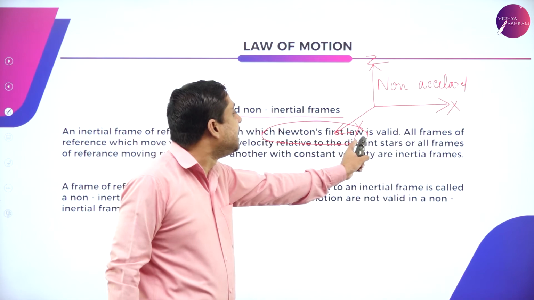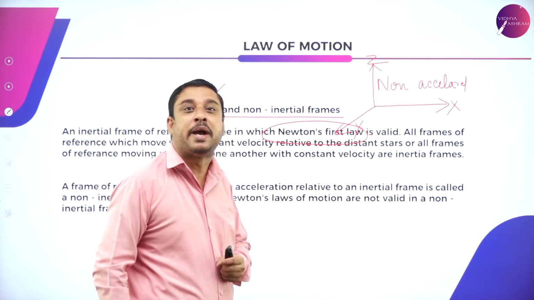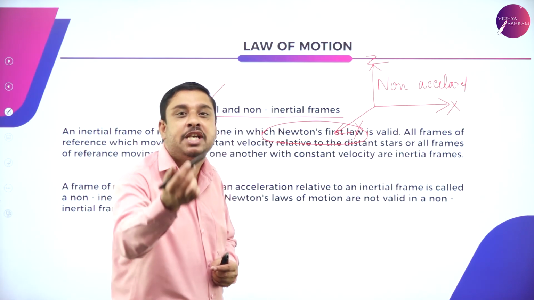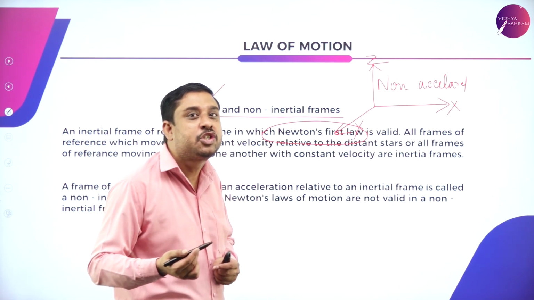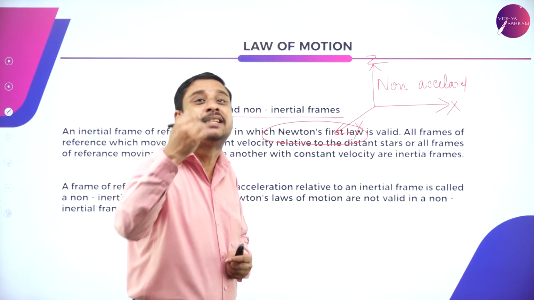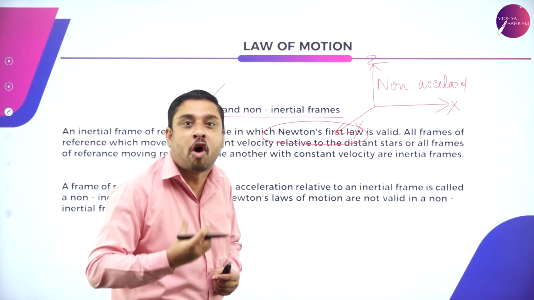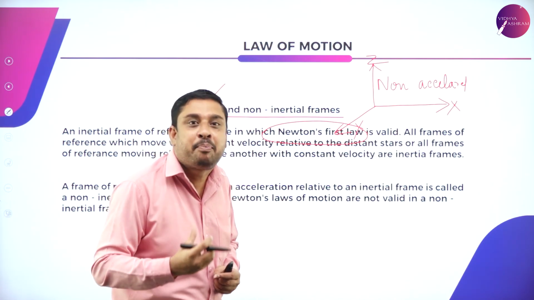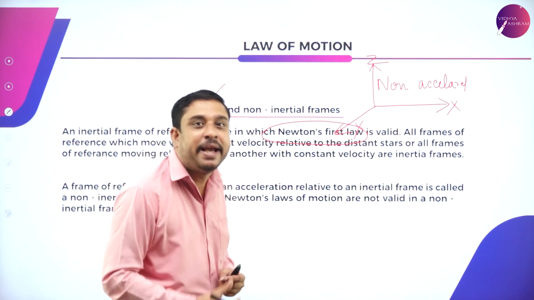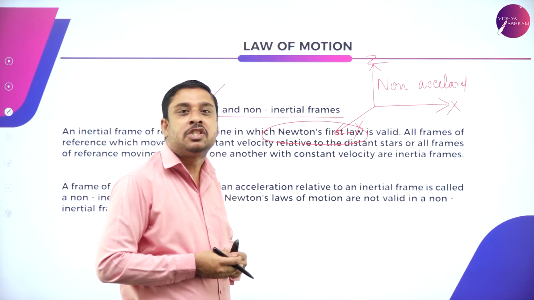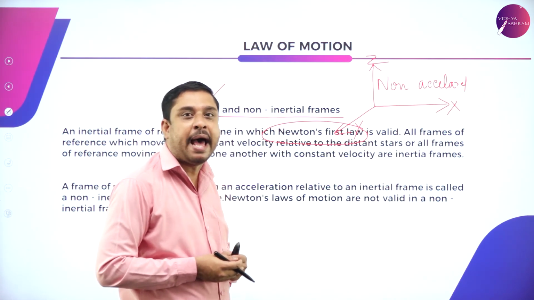Velocity of distant stars with respect to Earth is measured in an inertial frame. So what is an inertial frame? Non-accelerated frame. Here, the motion of bodies should happen with constant speed. Or I say, Newton's first law of motion is valid.